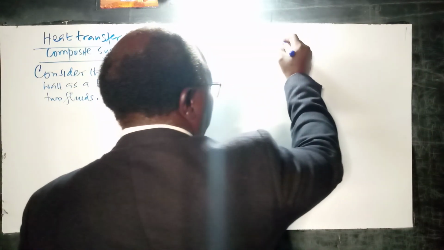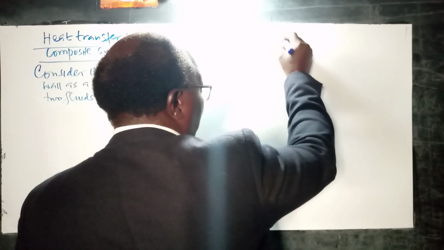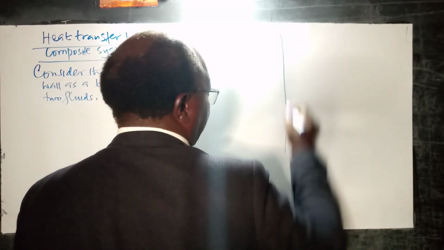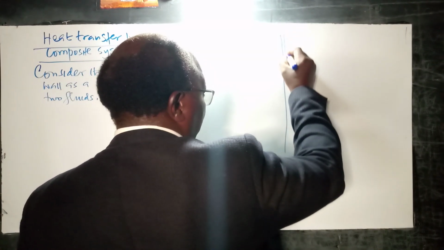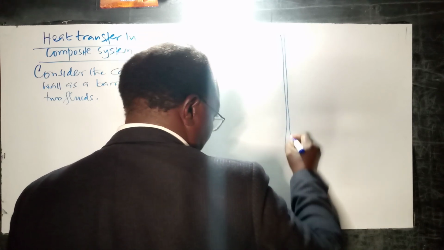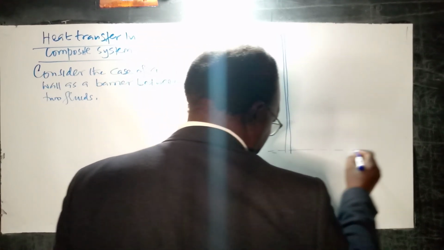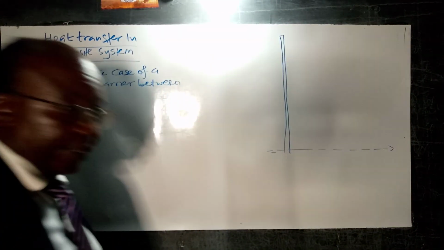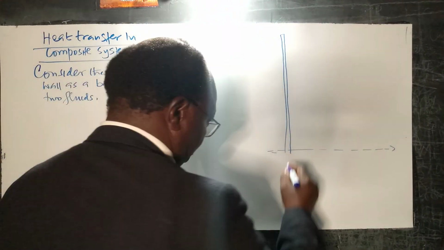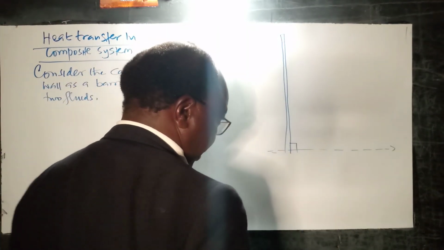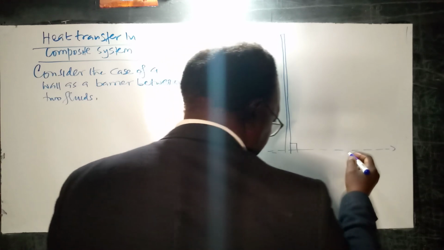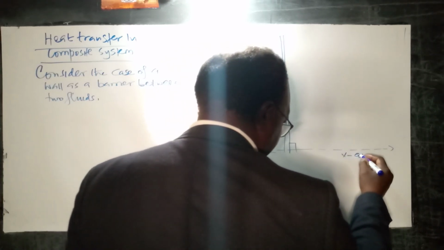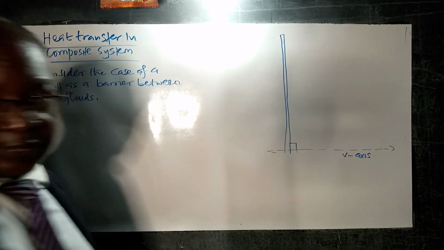So if, for example, we draw that as our wall, and remember, because you're going to use Fourier's heat law, we are talking about this being perpendicular to the axis. Let us call that x axis.